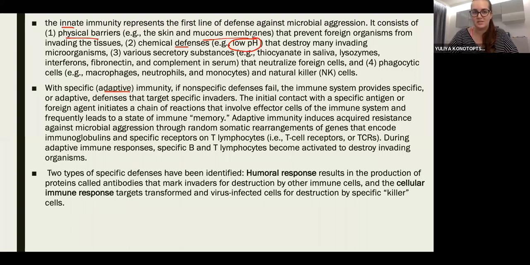In your esophagus, the part which is closer to the stomach, it is 6.5, so it's almost balanced out. In the vagina, it's also a very acidic environment. The pH is about 4.5 to 5. So it's also acidic. Now, various secretory substances: none of them you need to know.